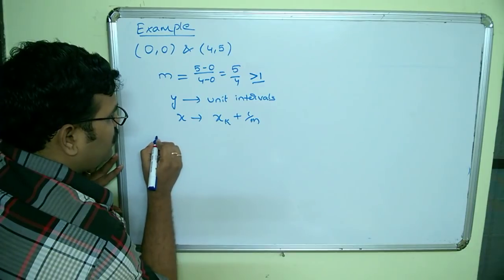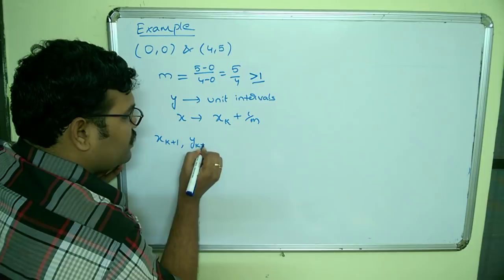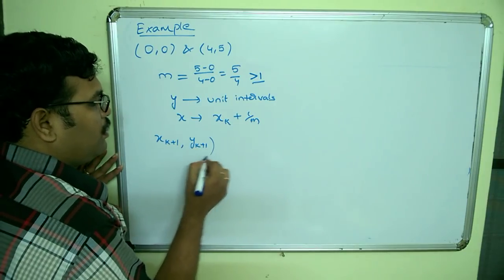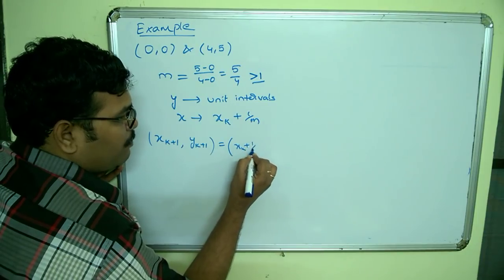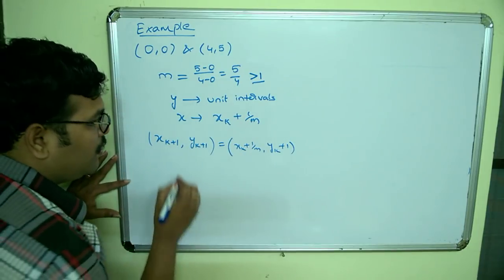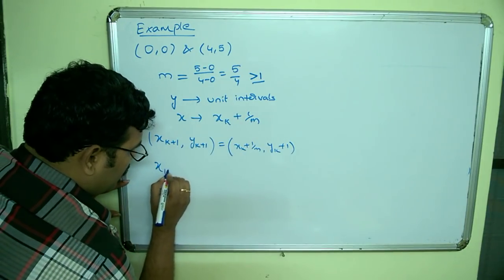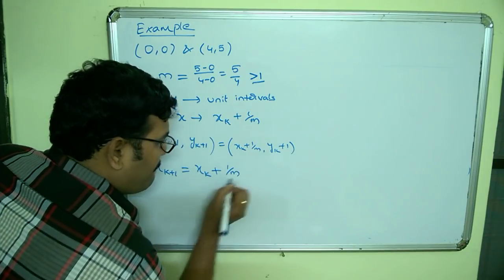So xk plus 1 comma yk plus 1 is equal to xk plus 1 by m comma yk plus 1. Xk plus 1 is equal to xk plus 1 by m.